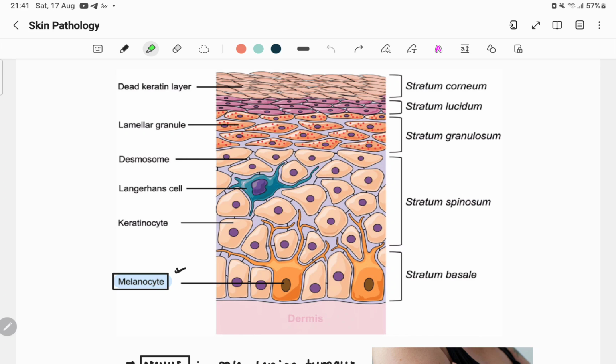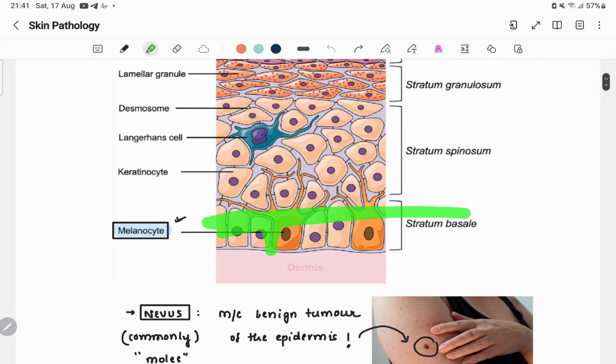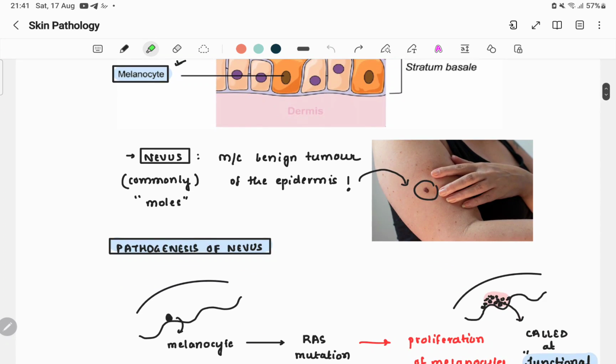Thick skin means the palm and soles. This is the stratum granulosum, where granular inclusions are there. This is the stratum spinosum, where spine-like processes you can see. And here is the stratum basale, the germinativum layer, and here the melanocytes with their dendritic processes are present.